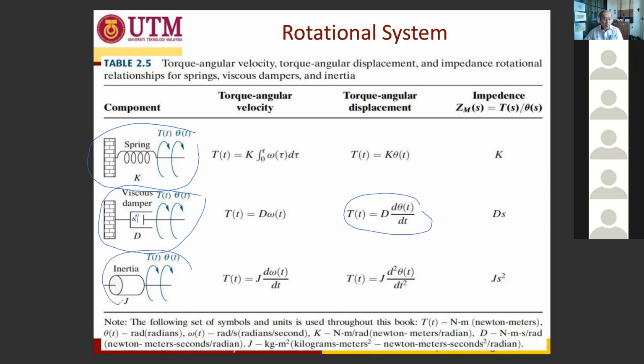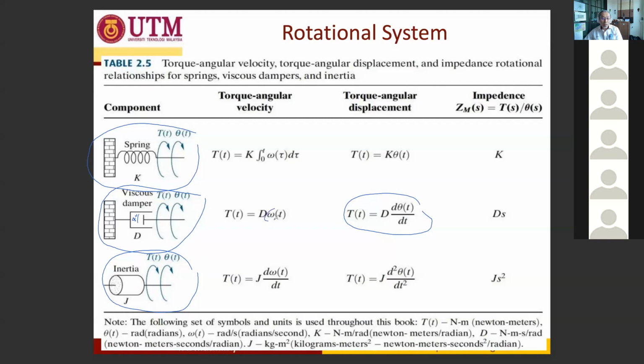Then the inertia J, where it will have a rotational torque and angular displacement, theta T. And in terms of angular velocity, T is equal to J d omega dt, or T is equal to J d square theta dt square.